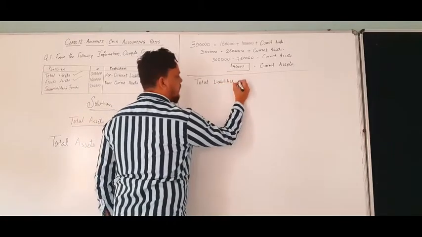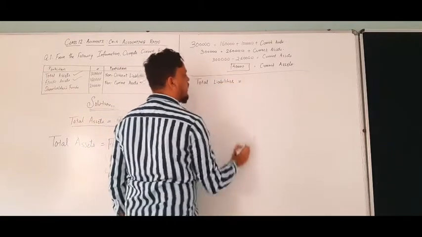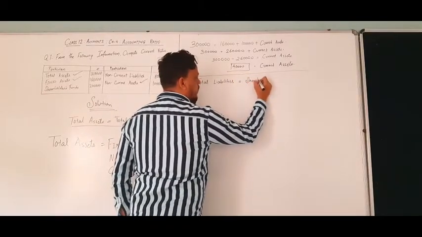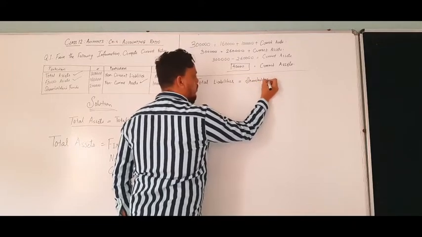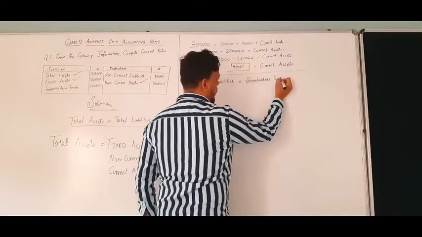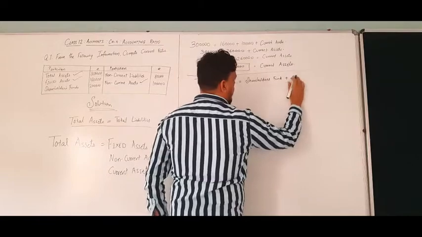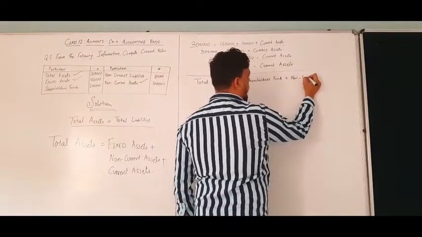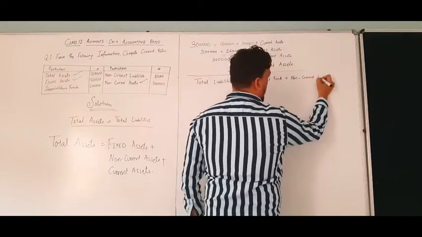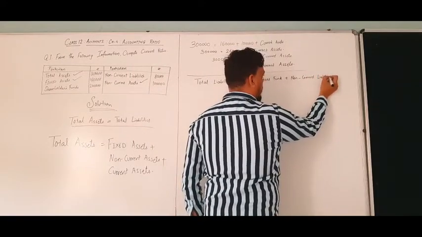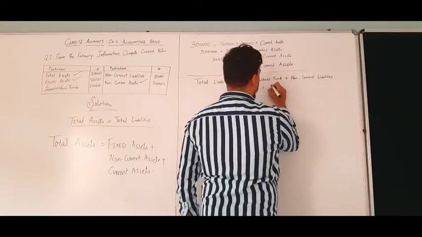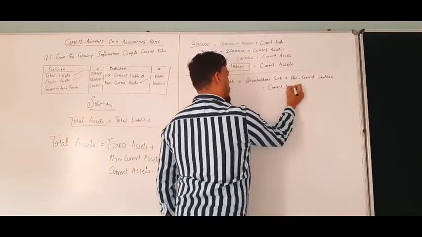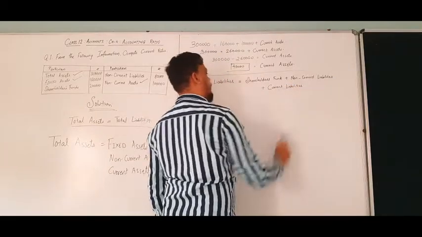So total liability is equal to shareholders fund plus non-current liabilities plus current liabilities.